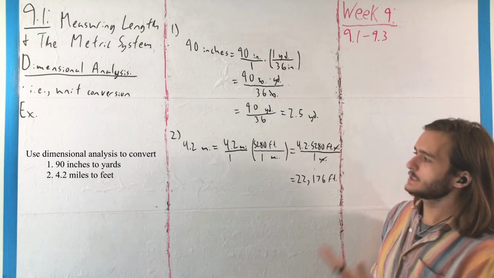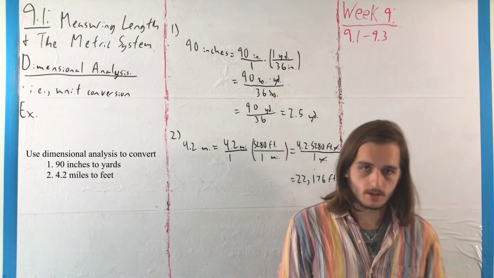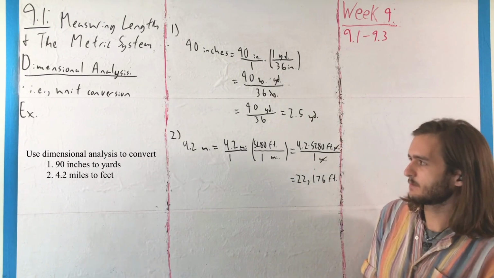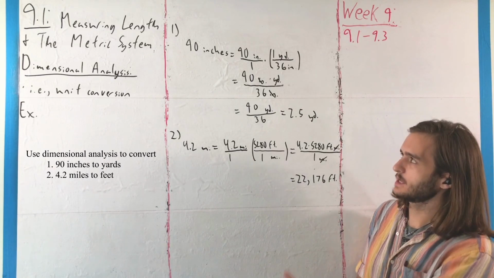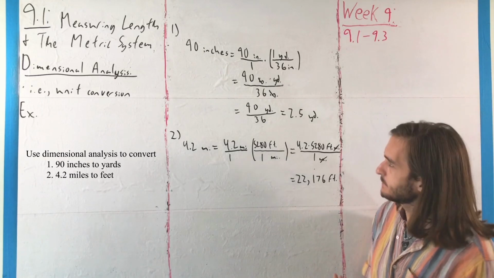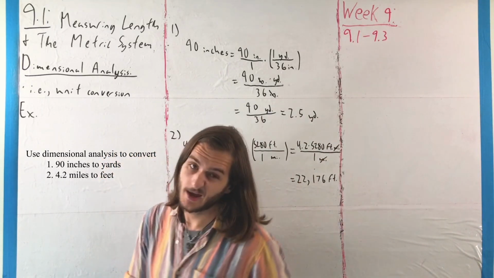The nice thing about the imperial system that we're looking at here, the English system, is you can get at least some sense of what's going on just by thinking in terms of basic units, basic everyday objects. When you're looking at 2.5 yards, it's about 2.5 steps.